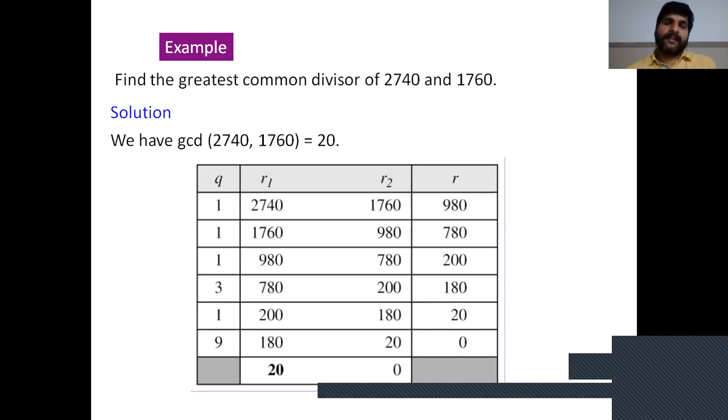We write the R2 value in the R1 position and the R value in the R2 position. 200 divided by 180, the remainder is 20. Then 180 divided by 20 gives remainder 0. So the value of R1 equals 20.